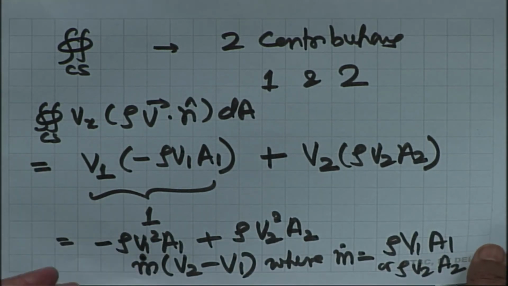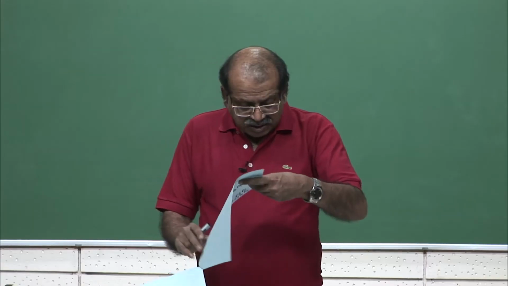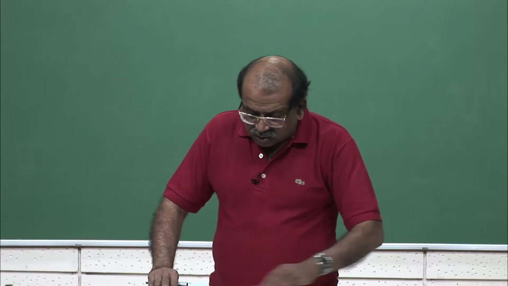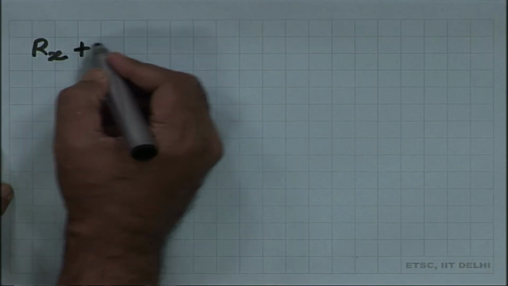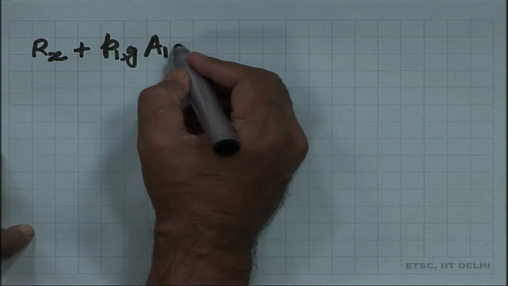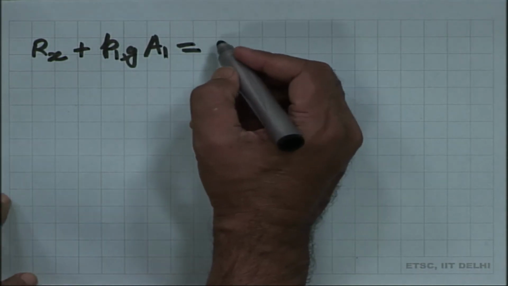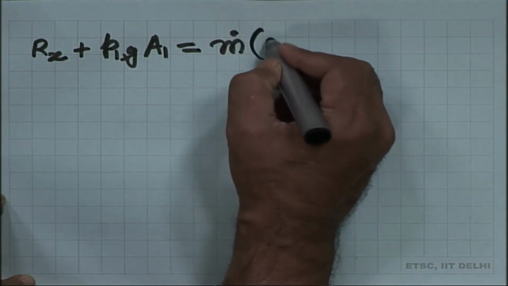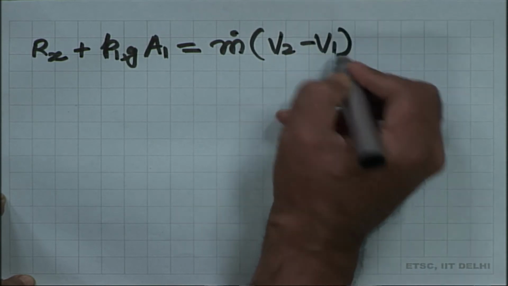If there are only two, then we know m dot has to be constant. So, once we have this, now we substitute everything. So, what we will get is Rx, I am writing the x component, plus P1 gauge A1 is equal to m dot times V2 minus V1.